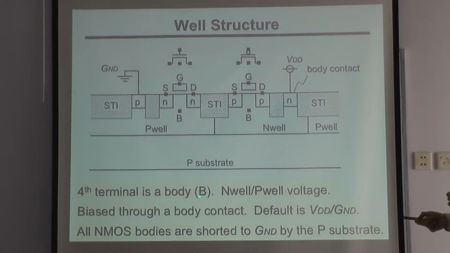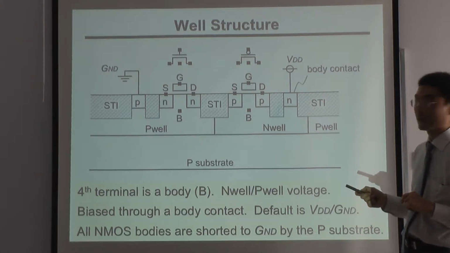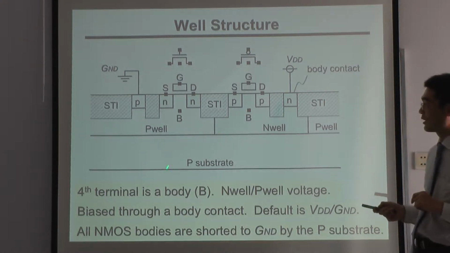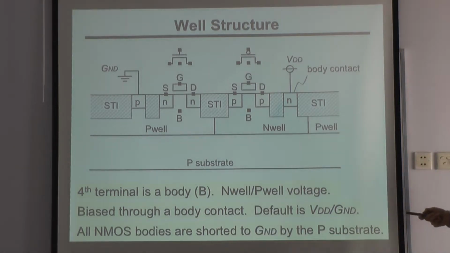So the body terminal of PMOS is the N well, and for NMOS it is the P well voltage. The well is biased through this body contact. Usually this substrate is always grounded or floating, so we have to give voltage to the wells from the body contacts, like here and like here.